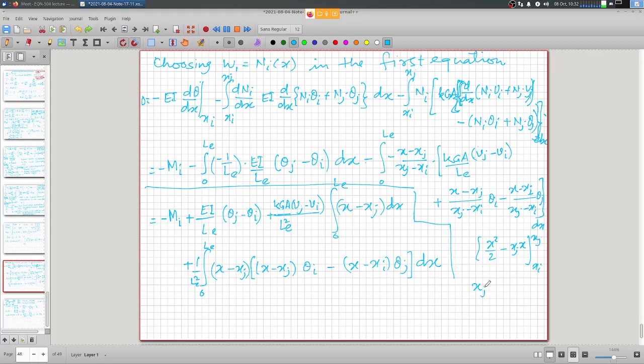So xj square by 2 minus xj square minus xi square by 2 plus xj xi.